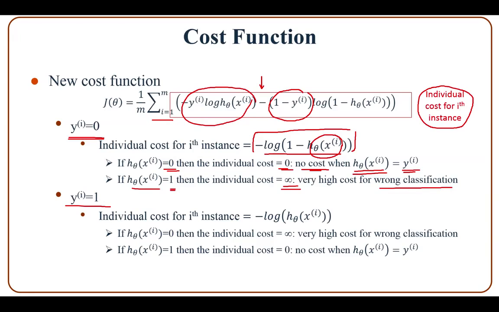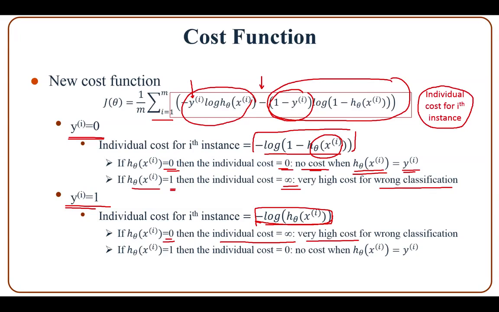On the other side, if yi is equal to 1, then the individual cost is just that, because this part is gone, and yi is equal to 1, right? So what you have left is just this. Then we also look at the case that h of x at xi equals 0, and the individual cost is equal to infinity, and the cost is very high for wrong classification.